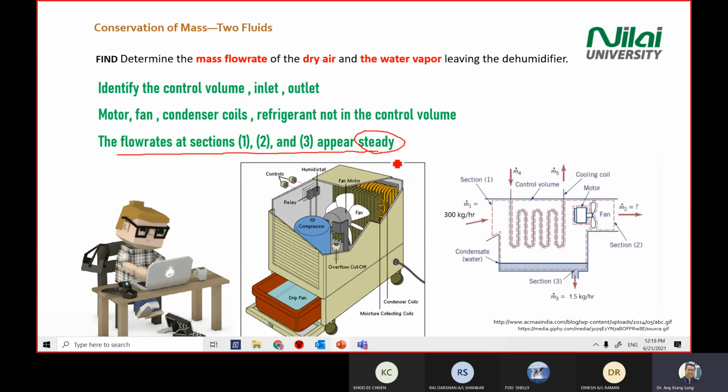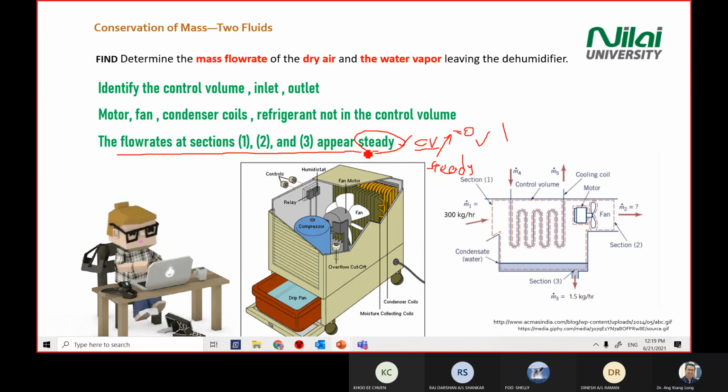Every time you have steady flow, the control volume dimension you can take out. To score marks, draw an arrow and write steady for the CV component equal 0. You get 1 mark for applying the steady flow definition.